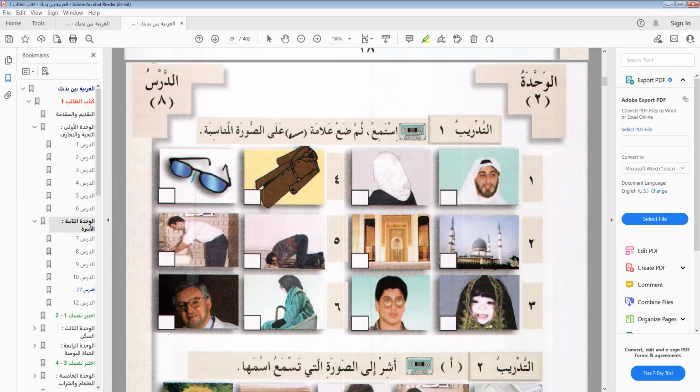Then the next, musalla. Mark it. Then the third is ibnatun. Then the fourth, mi'tafun.